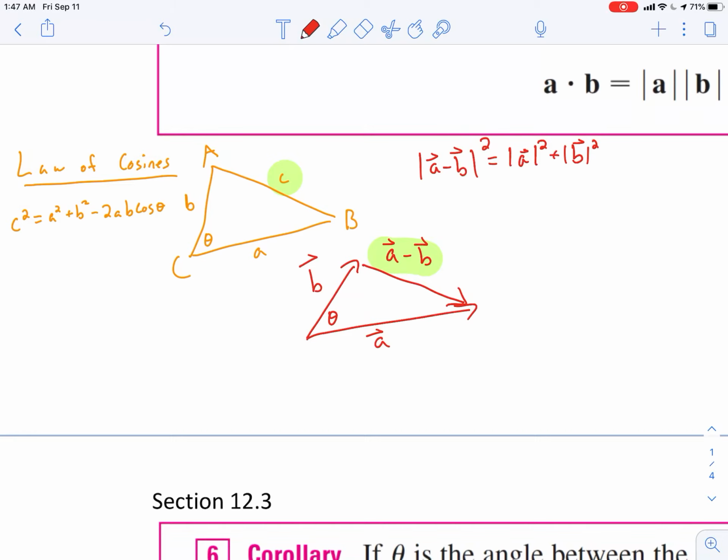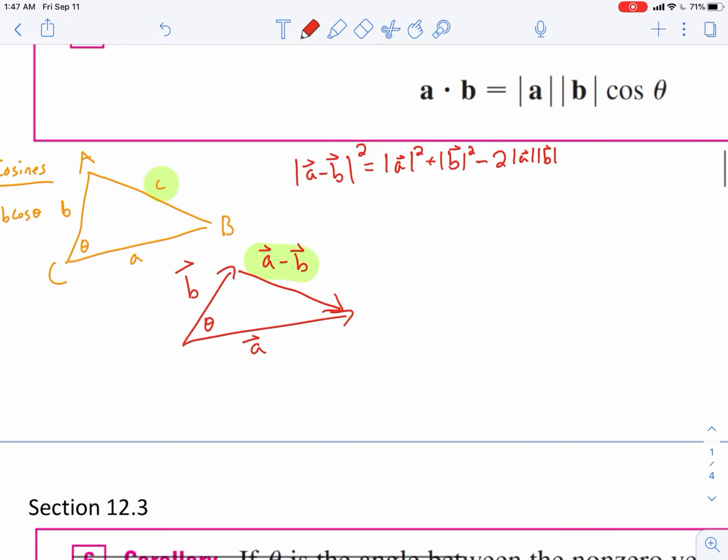And then minus 2 times the magnitude of a and the magnitude of vector b times cosine theta. And so now we've used the law of cosines.